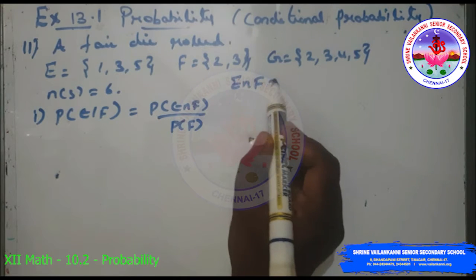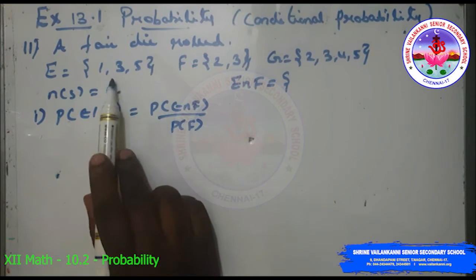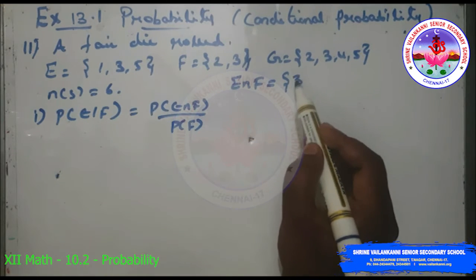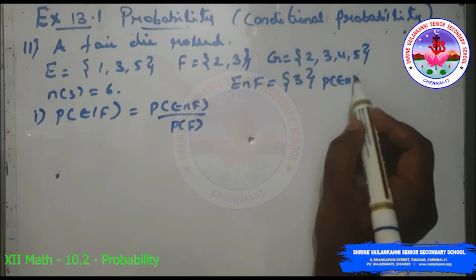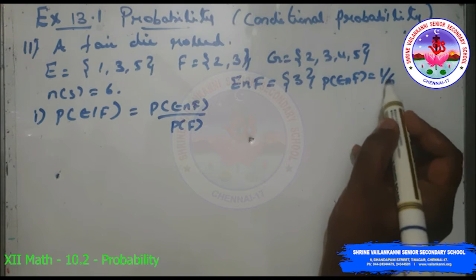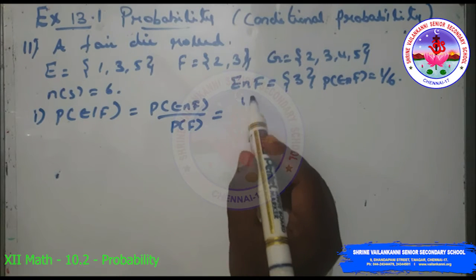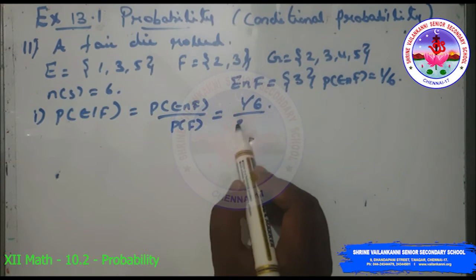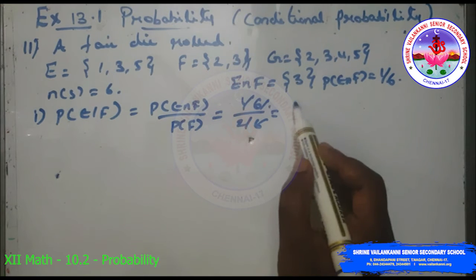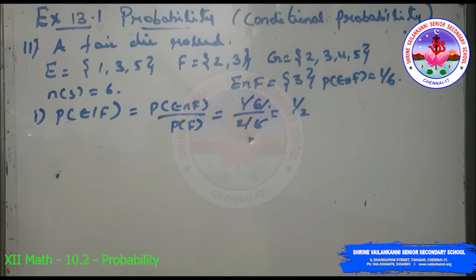E intersection F is the common element between these two, which is 3. So P(E intersection F) is 1 by 6. Then P(F) is 2 by 6. So 1 by 6 divided by 2 by 6 is equal to 1 by 2.